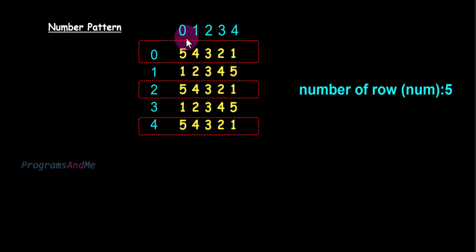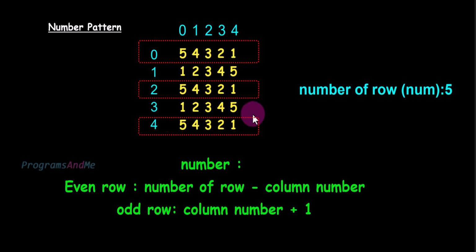That is, we need to subtract the column number from the number of rows or columns of the pattern. Here the number of rows or columns of the pattern is 5, and the column number starts at 0, so 5 minus 0 is 5, 5 minus 1 is 4, 5 minus 2 is 3, 5 minus 3 is 2, 5 minus 4 is 1. So we'll get these numbers.